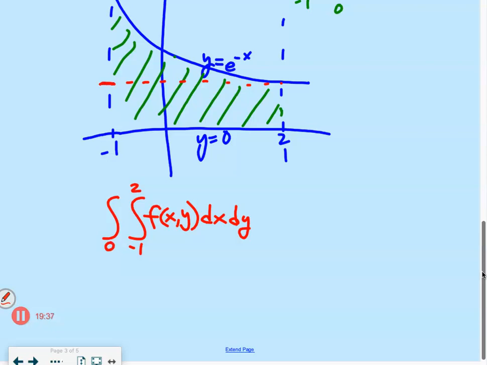It's going to be determined by wherever y equals e to the negative x intersects x equals 2. So I just plug 2 into my function, and you get y equals e to the negative second. Okay. Does that help? Yeah. Okay. Now, plus.